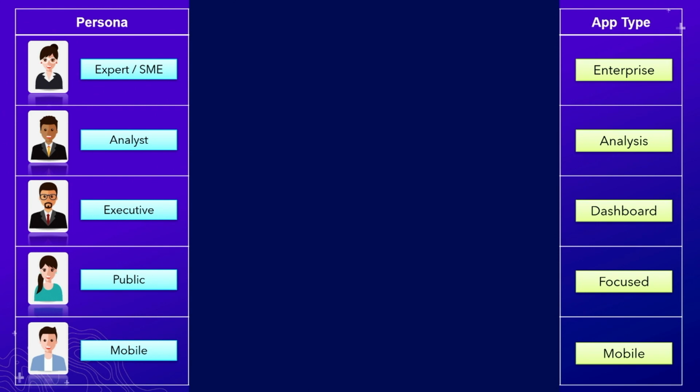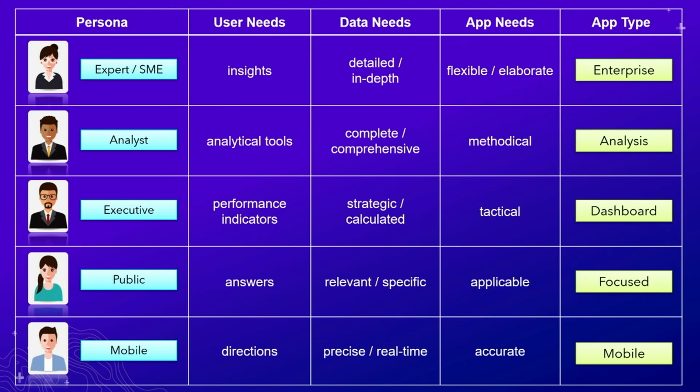Like an expert user might use an enterprise application, while a mobile user, well, guess what, a mobile application. In between, I have a set of needs and data needs and application needs that can help you make a decision on the right application type you might choose.